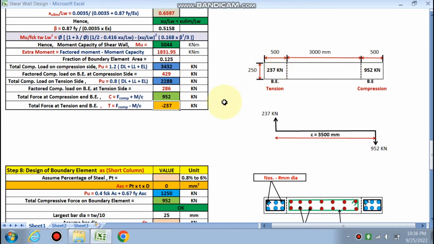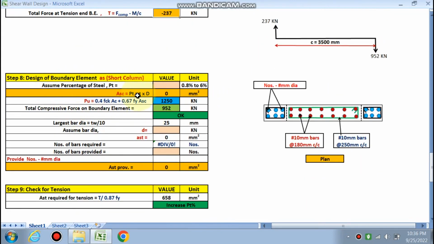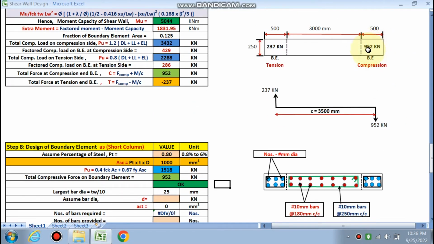This is negative. Now we have to design the boundary element as a short column. So if you provide a minimum reinforcement as 0.8 for the column, so this is the ASC required. Now the capacity of the boundary element by this formula is 1518 and the maximum load, compressive load, is 952. So 1580 capacity is more than the total compressive load, then it's okay.